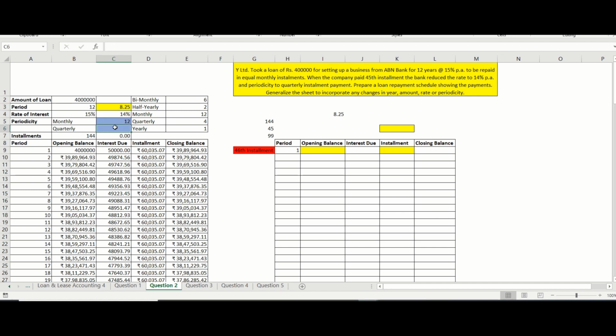It is here also 144 minus 45 divided by 12. ठीक है? And this is going to be in quarterly installment payment. So let's find out the value of this, right? Comma, this table, second column, false. I got 4. ठीक है? तो यहाँ पे कितनी इंस्टॉलमेंट्स होगा? 8.25 multiplied by 4.